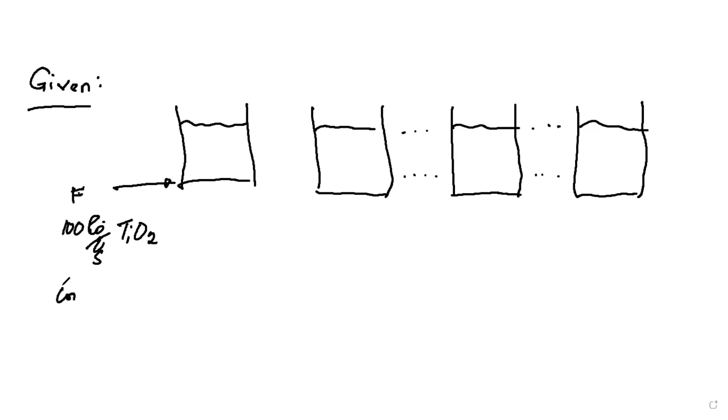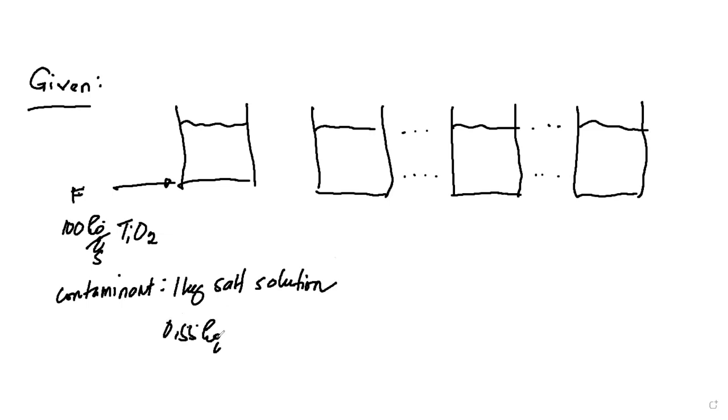So we have 1 kilogram salt solution, and this has 0.55 kilogram salt per kilogram pigment processed. Okay, now we have this.